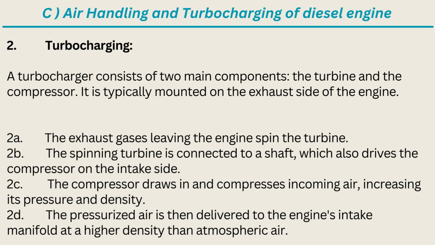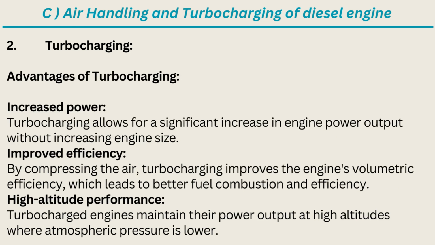The spinning turbine is connected to a shaft, which also drives the compressor on the intake side. 2c. The compressor draws in and compresses incoming air, increasing its pressure and density. 2d. The pressurized air is then delivered to the engine's intake manifold at a higher density than atmospheric air. Advantages of turbocharging.